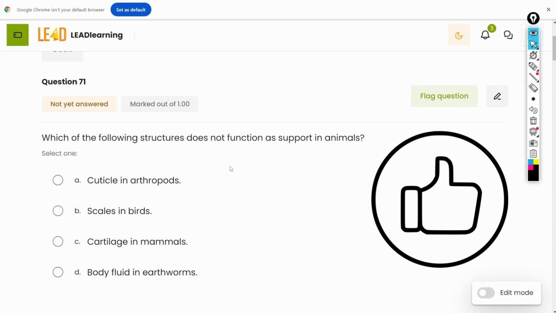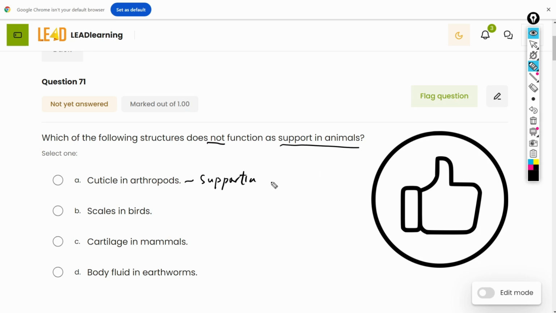Question 71. Which of the following structures does not function as support in animals? Okay, the cuticle in arthropods is a supporting structure.